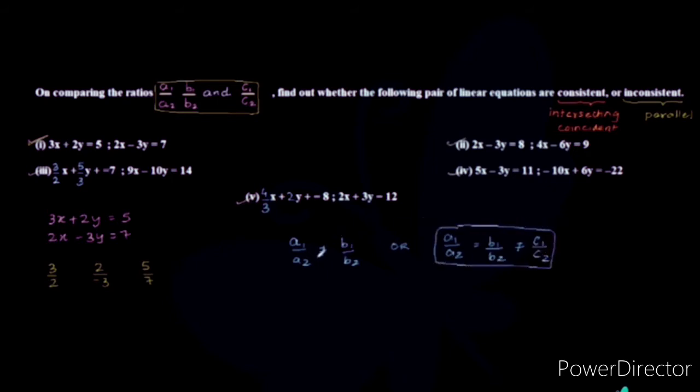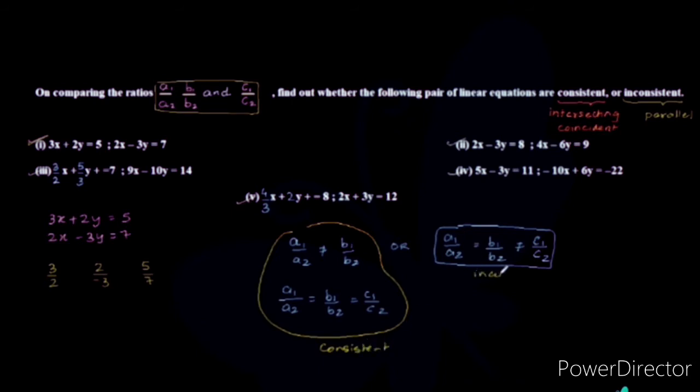And then for the coincident case, a1 upon a2 equals b1 upon b2 equals c1 upon c2. Remember, these two fall in the category where the pair of linear equations is consistent, and this, on the other hand, is for inconsistent.